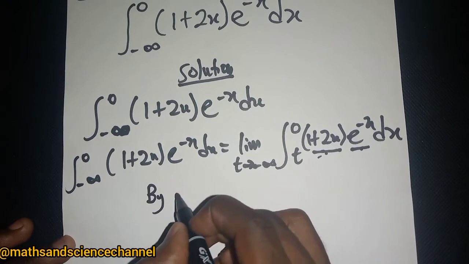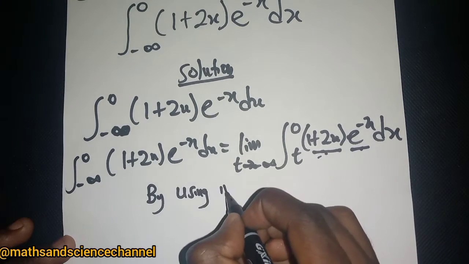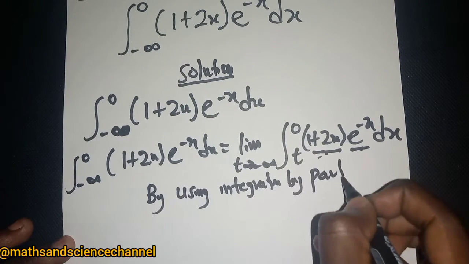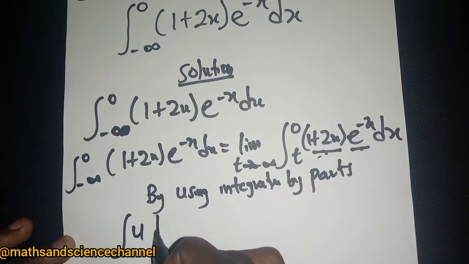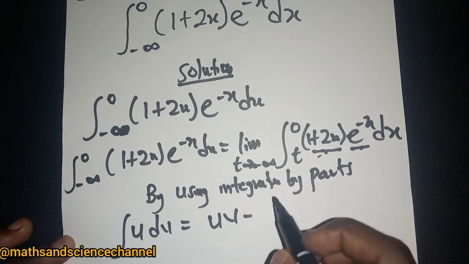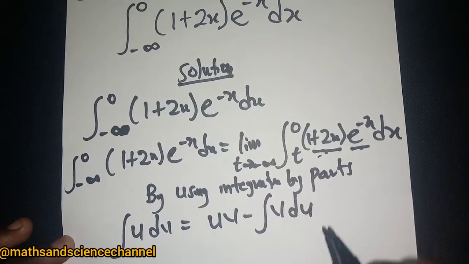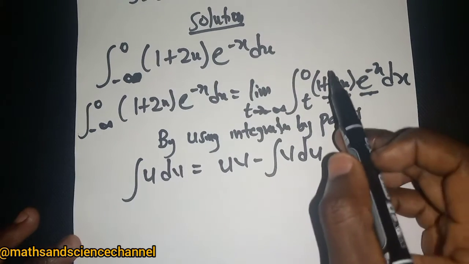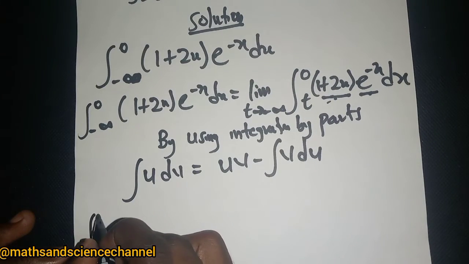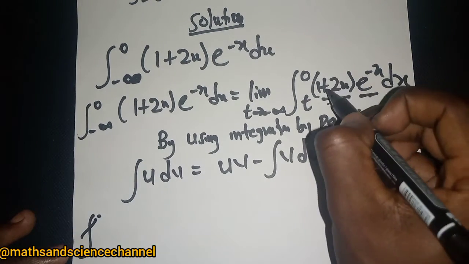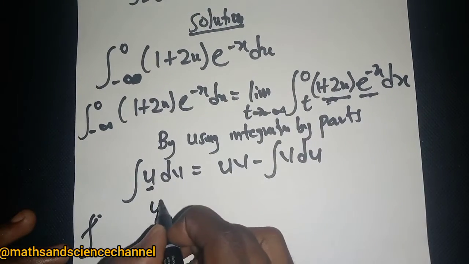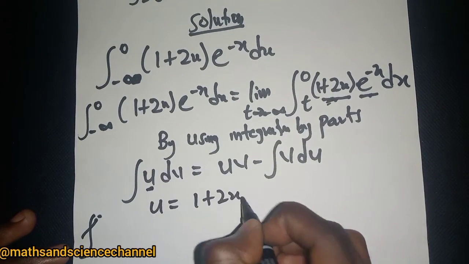Now the general formula is the integral of u dv equals uv minus the integral of v du. Comparing this equation to that, your u in this case is the first one, so u is just 1 plus 2x.